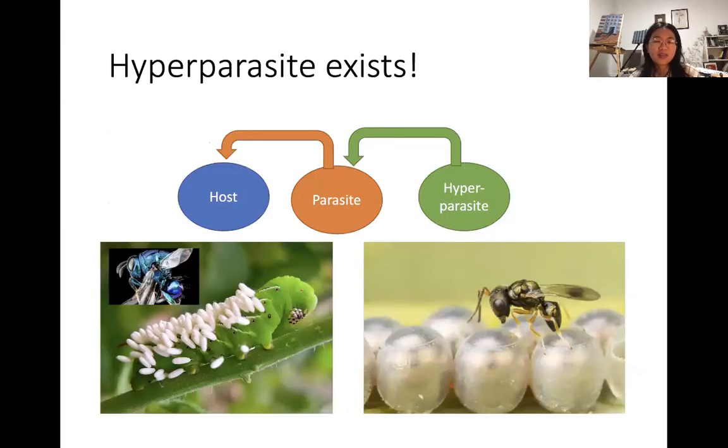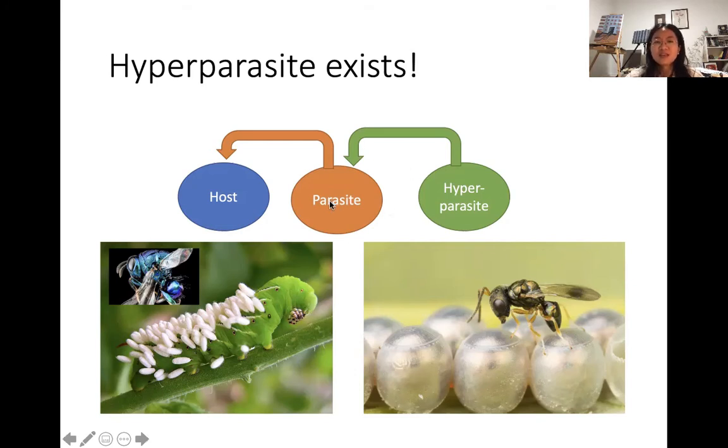One interesting phenomenon within plant parasitism is that hyperparasites do exist. When we think about hyperparasites, we usually think about the relationship between, for example, a parasitic wasp that would parasitize a butterfly caterpillar, and then another wasp, a hyperparasite, that can parasitize these parasitic wasps.